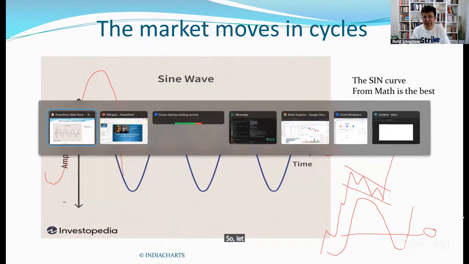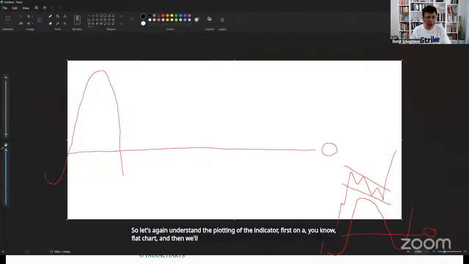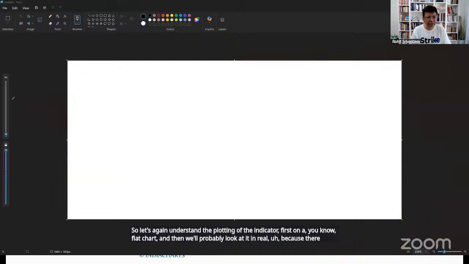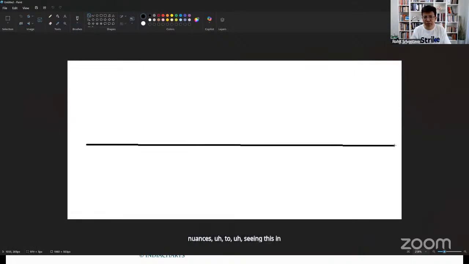So let's again understand the plotting of the indicator first on a flat chart, and then we'll probably look at it in real, because there are some nuances to seeing this in actual real time.